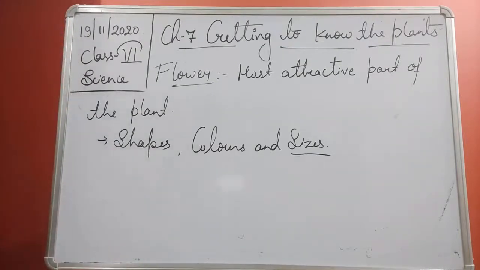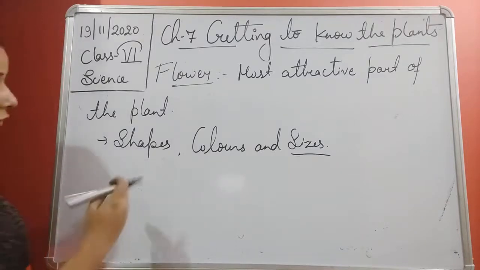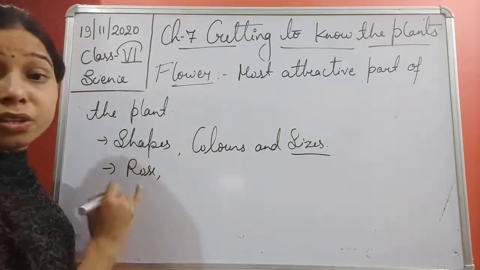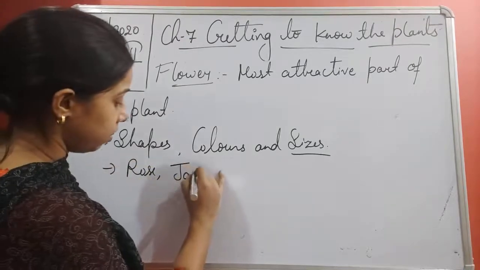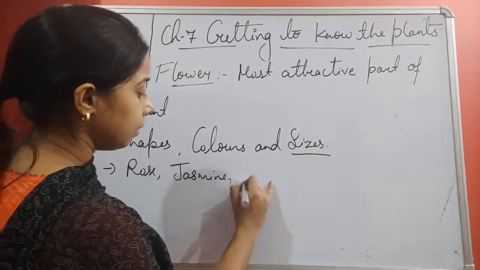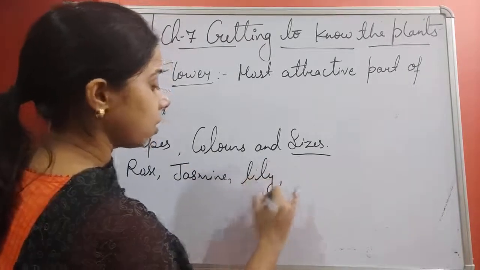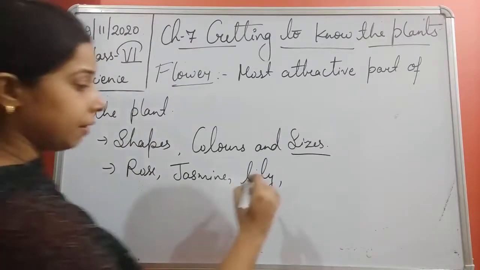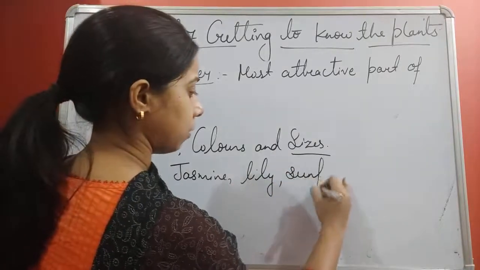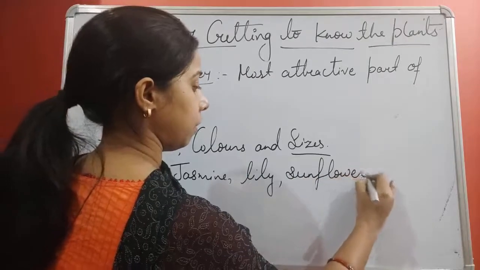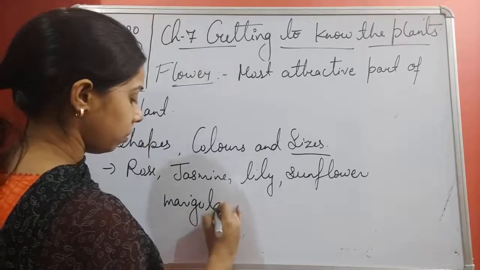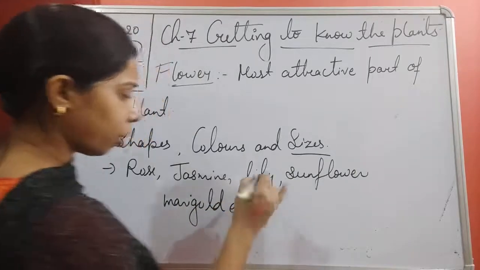Now you see, students, a lot of examples are there, like rose, jasmine, lily, sunflower, marigold, etc. A lot more.